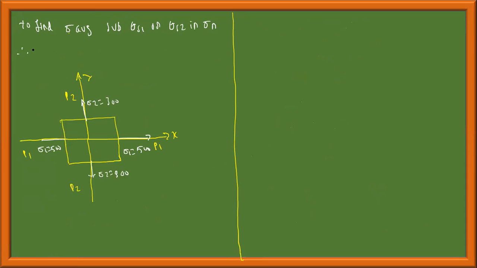Therefore, sigma n is equal to sigma x plus sigma y by 2 plus sigma x minus sigma y by 2 cos 2 theta s1.